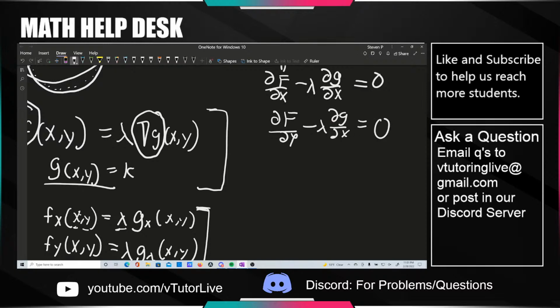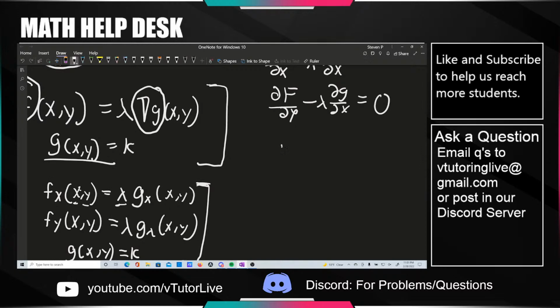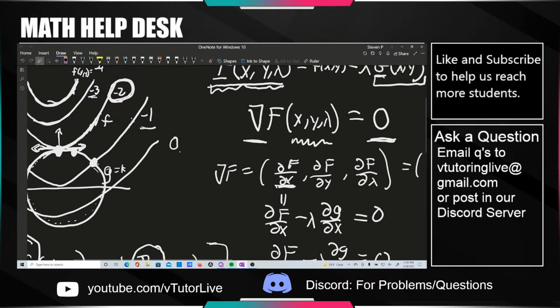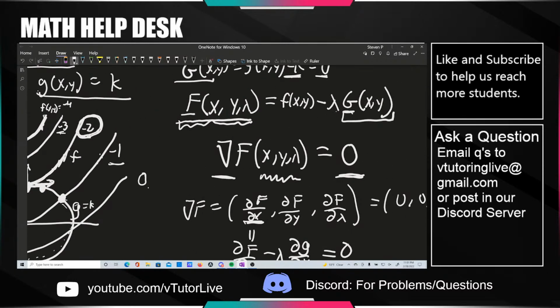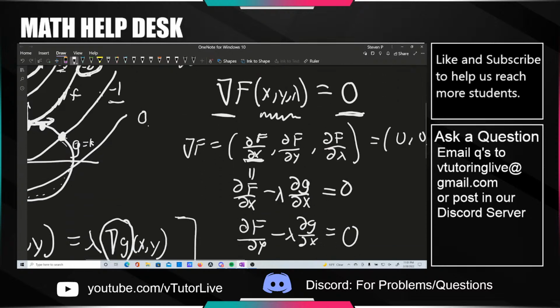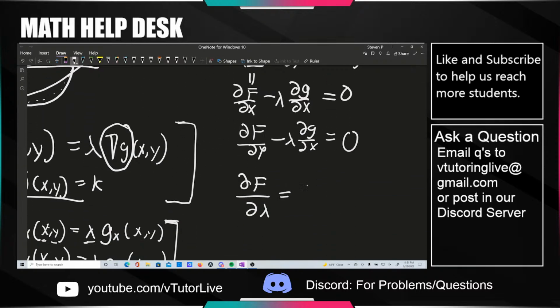I feel like it motivates the constraint a little bit more, because the last expression is df d lambda, the partial derivative of f with respect to lambda, which is just capital G of x, y. That has to be equal to 0.